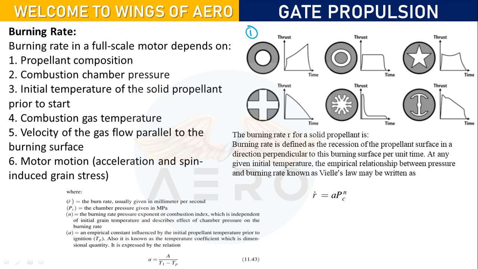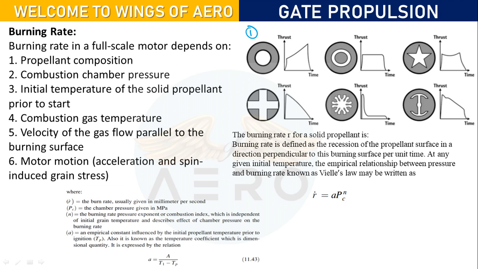And if you change the shape of that propellant, their burning time will also be different. But here we are talking about whether the burning is neutral, progressive, or regressive. So that is defined by the shape, or I can say the grain configuration.